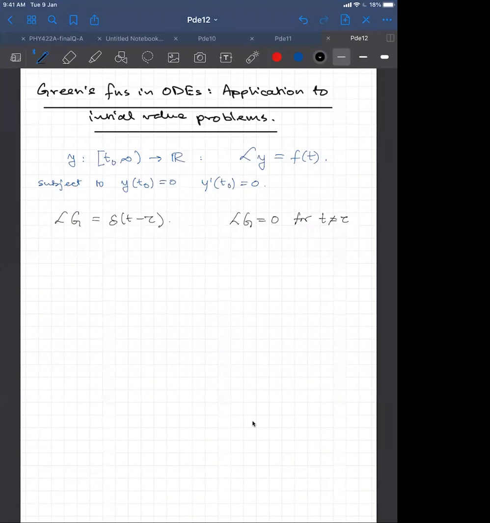The steps: number one, construct the general solution of the homogeneous equation Lg equal to 0 for t naught less than t less than tau.